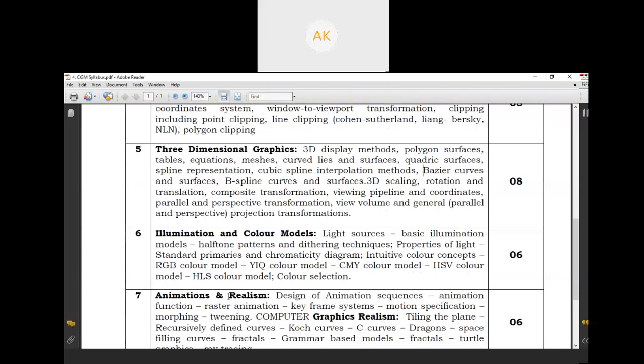The second last unit, illumination and color models.